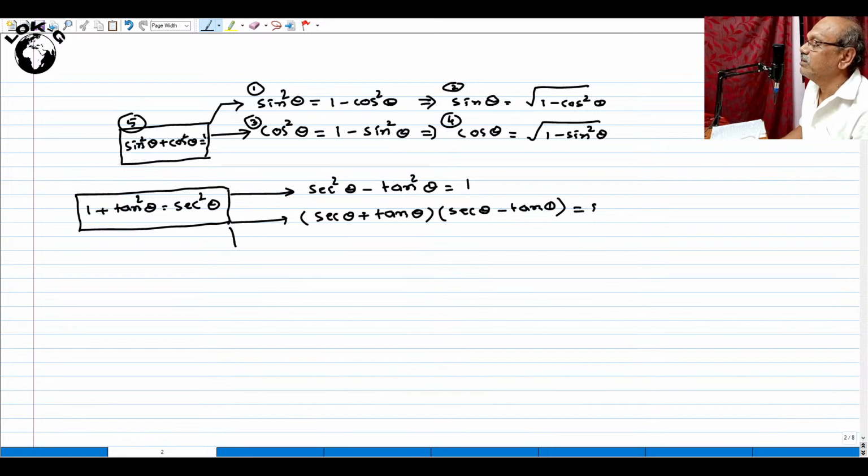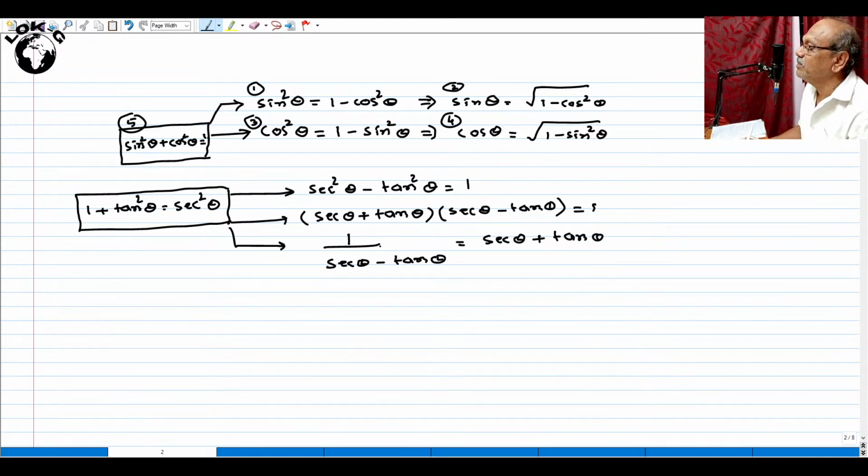Very, very important formulae. You can generate them and use them while solving the problems. If I take sec theta minus tan theta to the right, you get 1 upon sec theta minus tan theta becomes equal to sec theta plus tan theta. Remember this important formula. If you take sec theta plus tan theta to the right, you get 1 upon sec theta plus tan theta.